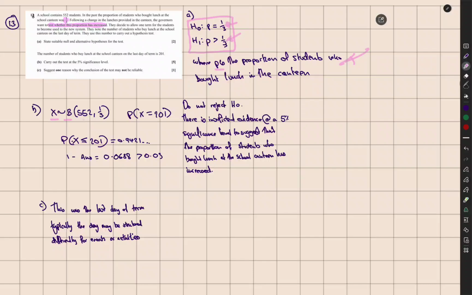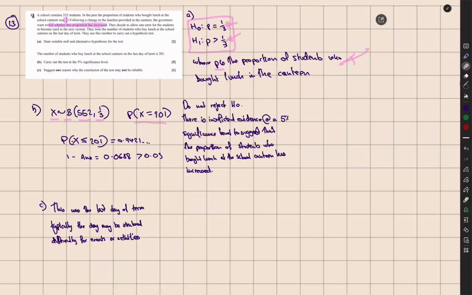And I can say the test is out of the 522 students, where the probability of success is 1/3, and I'm going to be testing against an x value of 201. So I can see for my probability of X being less than 201 being this amount.